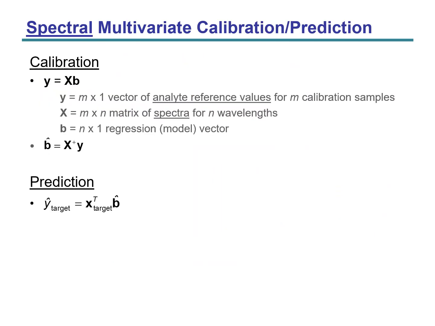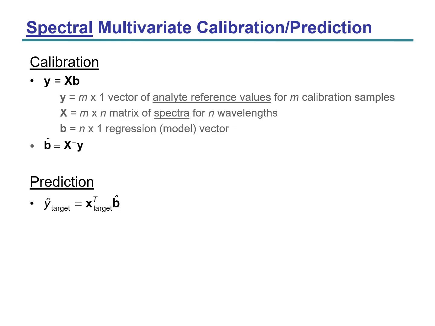All right. So before I explain what local regression is, briefly, what a calibration is all about, calibration and prediction. Just like any kind of training set and prediction, we call it calibration in analytical chemistry. I have a vector of my analyte reference values. Like I said, that can be concentration.